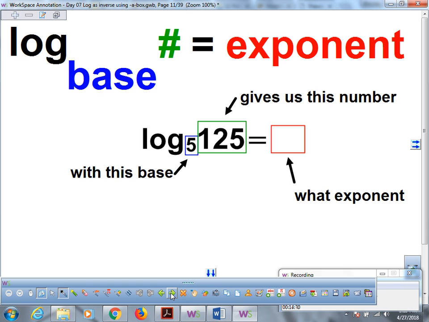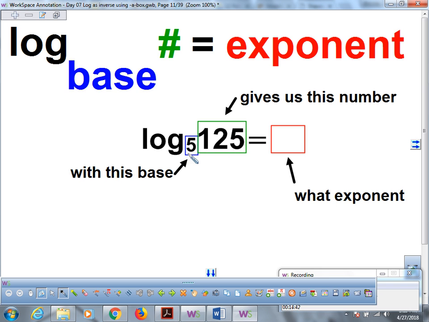Okay. So this is the way I say it in my head. I spent some time this morning putting these new slides in. When you're trying to evaluate a logarithm, I always start with what we're looking for. We're looking for the exponent. So I ask myself, what exponent with this base gives me this number?